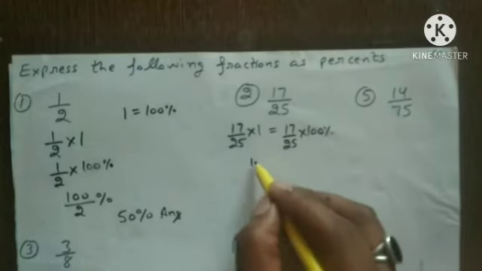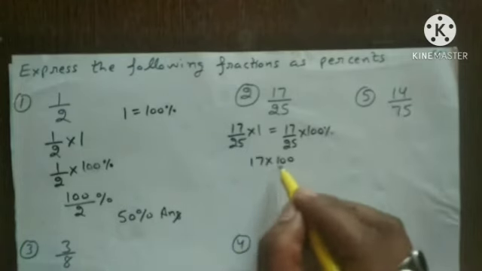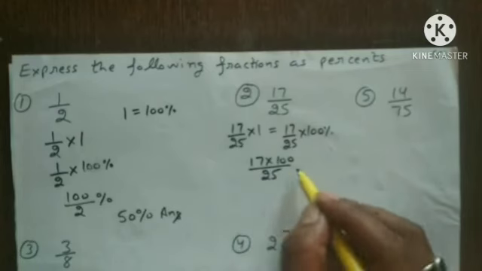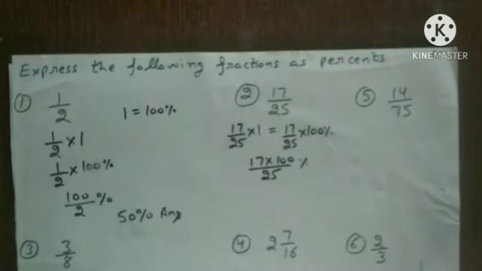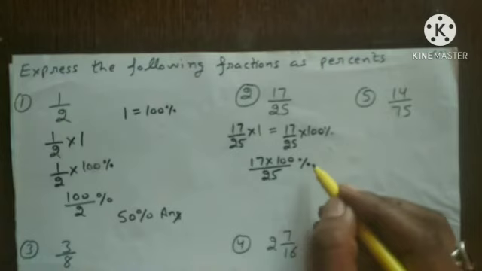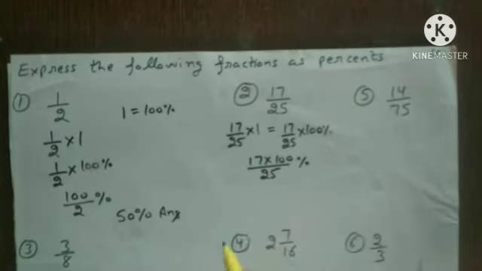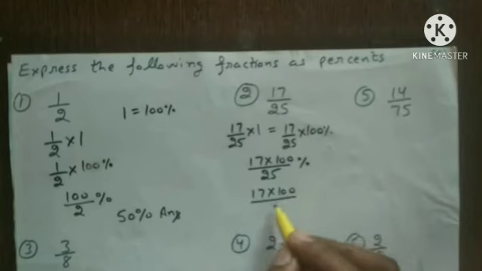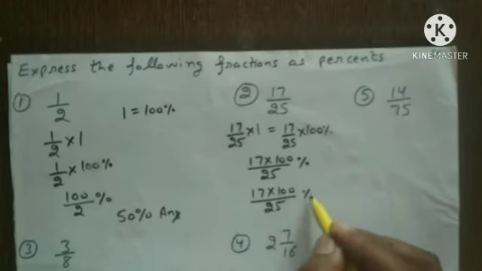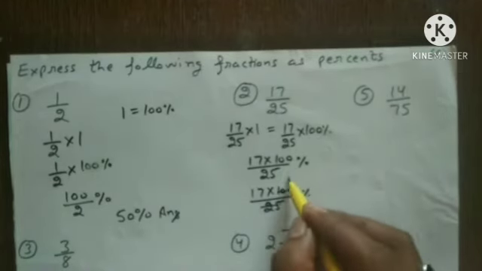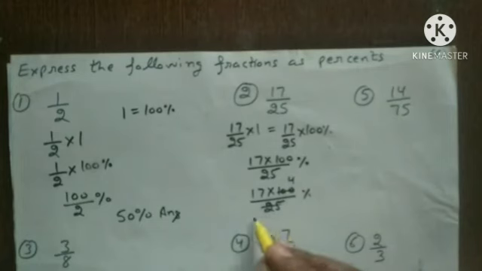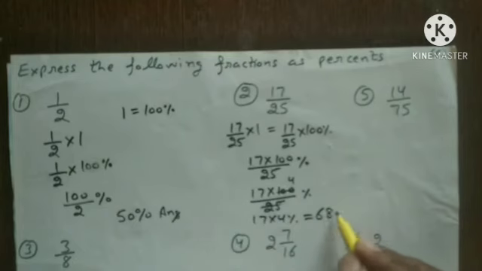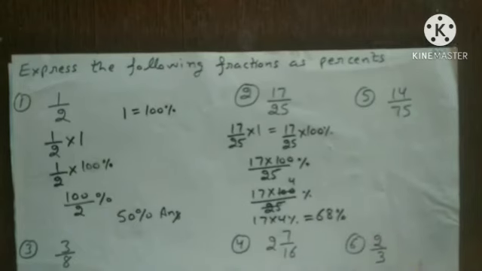Now 17 multiply 100 over 25. Okay. Now 25 will cancel 100. At which place? Fourth place. Now 17 multiply 4%, that is equal to 68%.